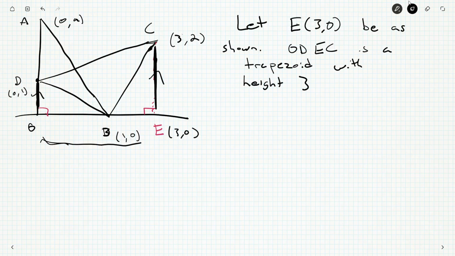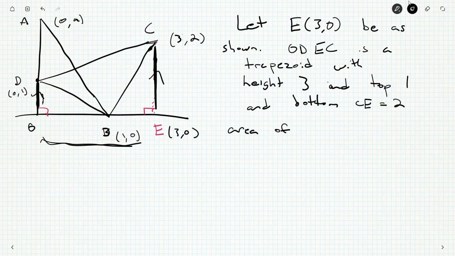So the height is the distance OE, 3. The top has a height of 1 here. And the bottom is CE, which is 2. Okay, so the area of ODEC is 1/2 height times the top plus the bottom. This is going to be 9/2.